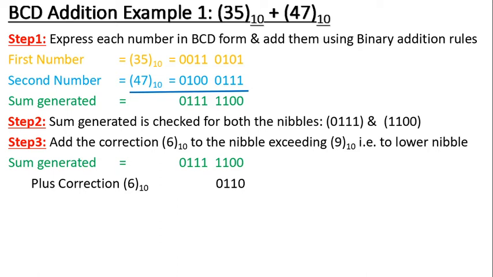That correction 6 decimal, that is 0110, is shown just below the lower nibble, because the correction is to be added to that lower nibble. And then we perform the addition by using the binary addition rule.